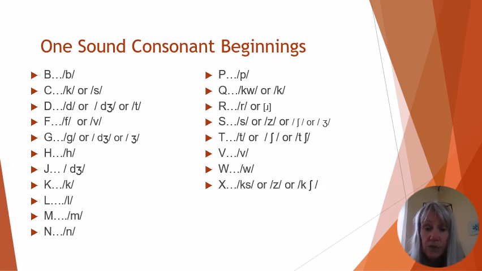If X is your beginning consonant, it will make the Z sound, as in xylophone, I should say. It should be the Z sound. If the Y is used in the beginning of the word, it makes the yellow sound. Okay, so those are the beginning consonants, the sounds that we will be hearing.